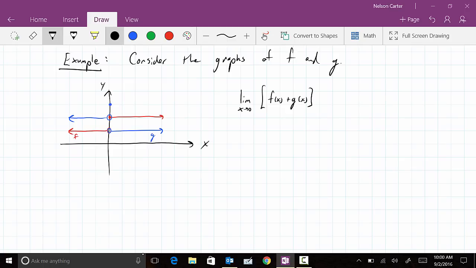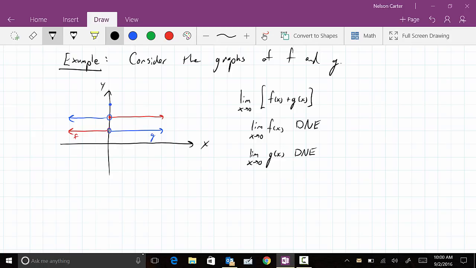we might look here and say, well, the limit as x approaches 0 of f of x does not exist. I'll just put does not exist. Also, the limit as x approaches 0 of g of x, the way we've drawn it here, does not exist. So that means we can't use our limit laws.